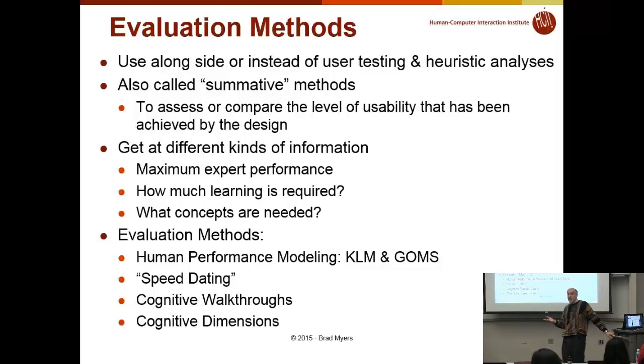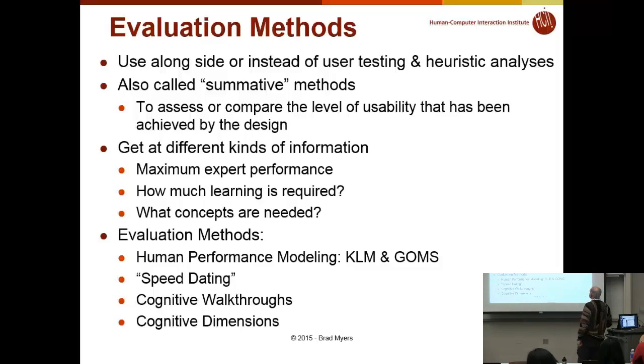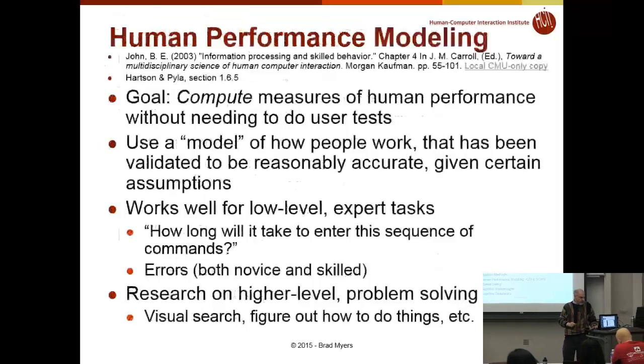So heuristic analysis is a cheaper method, but on the other hand, you're just getting people's opinions of other experts. So what are some other ways of doing it? So we're going to talk about a few evaluation methods, and these are very useful techniques in certain situations.